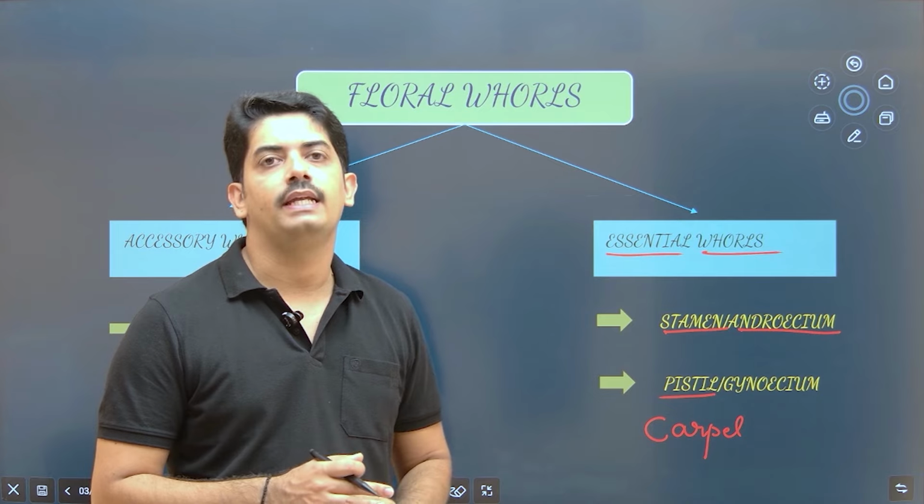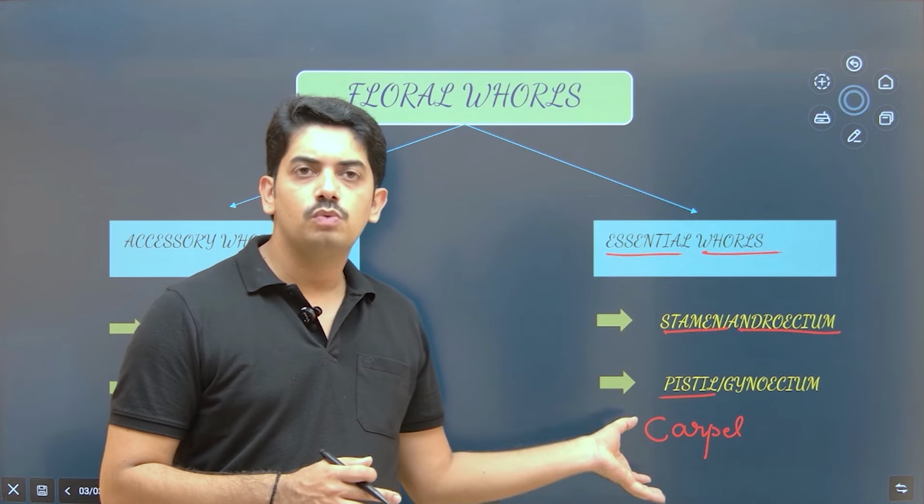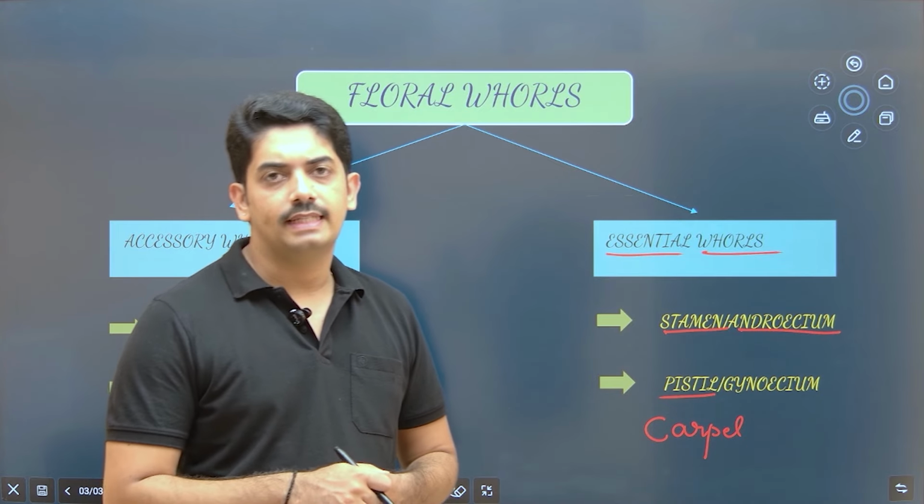Later we will study in detail. Sometimes we use the term carpel in taxonomy, the only reason being that a flower may have more than one female reproductive structure. At that time we cannot use the term pistil, so we use the term carpel. Now gynoecium is the term used in taxonomy.